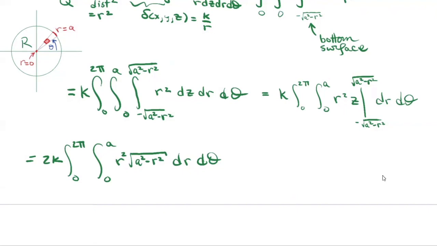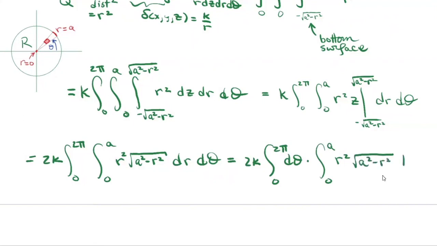So you could do it this way. 2k, you could do theta first, 0 to 2 pi d theta. And then the next integral from 0 to a of r squared times the square root of a squared minus r squared dr.